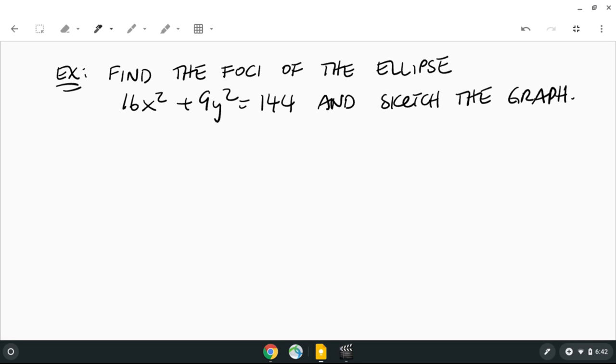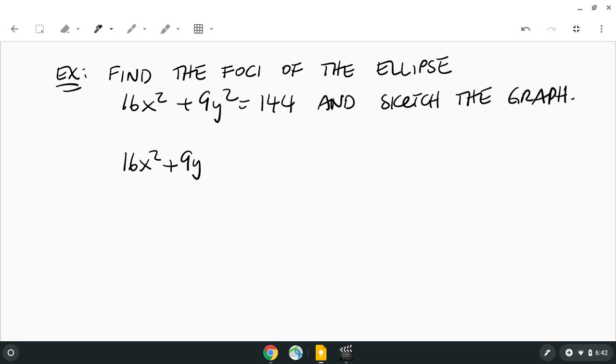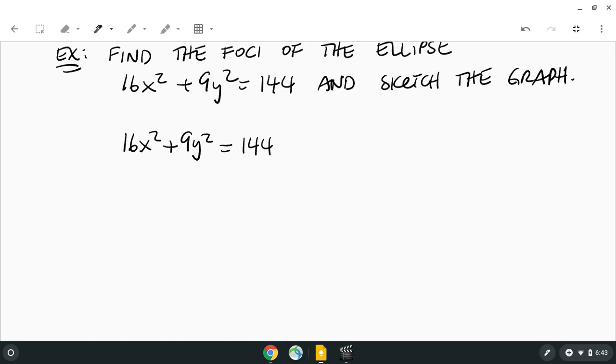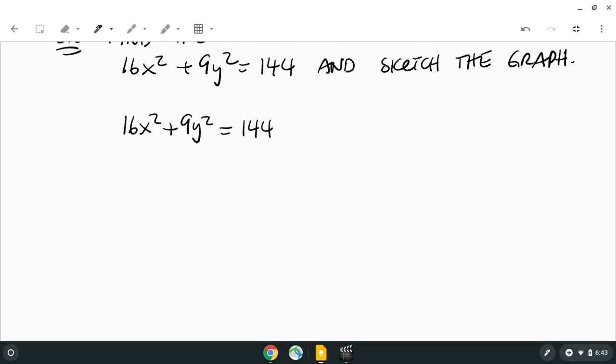All right, so let me bring down that equation. This equation here is not written in our standard form because our standard form has these ellipses set equal to 1. So if I want this to be set equal to 1, then I need to divide everything by 144. And I'll get 1 here.